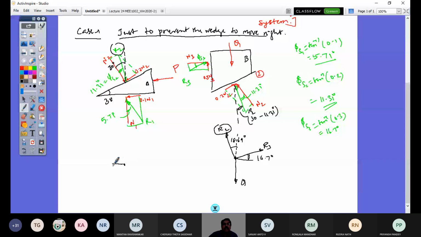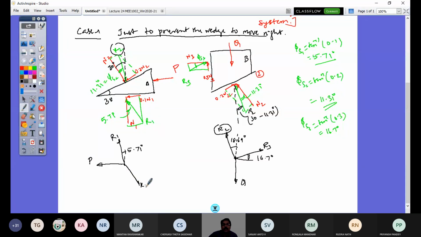R1, its angle to the vertical is 5.71 degrees. So this is R1, and this angle to the vertical is 5.71 degrees. Look at R2. R2 direction to the vertical is 18.69 degrees, and that would be in this direction.